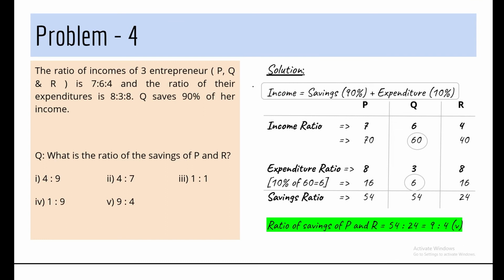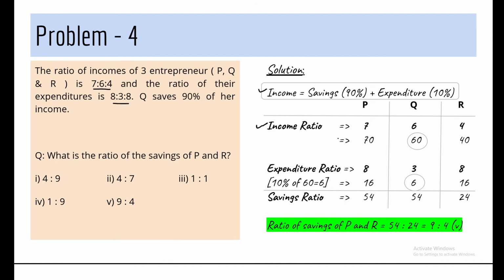So let's move on to the solution of this problem. Here we have the income, savings and expenditure. We have already learned the relation between these three entities. So income is equal to savings plus expenditure. And in the question it is mentioned that Q saves 90% of her income. So that means for Q the equation should be income equals 90% savings plus 10% expenditure. And we are given the ratios of incomes and expenditures.